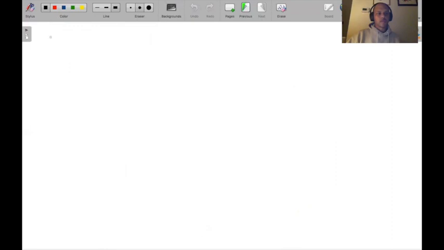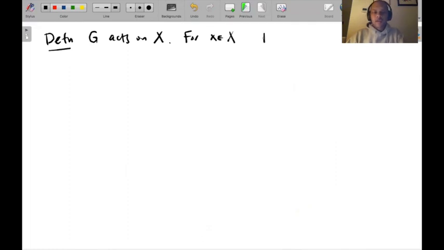I want to first give you a definition. So let's say G acts on X. For a point little x in X, the orbit of x is the set, denoted O sub x, of all the points that you can get by applying a group element to x.